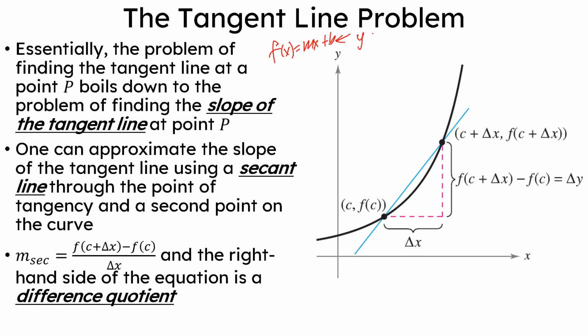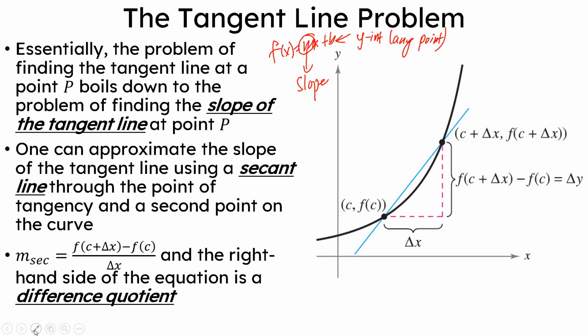This b, our y-intercept, can be found from any point on the graph, which means it boils down to the slope of our tangent line.